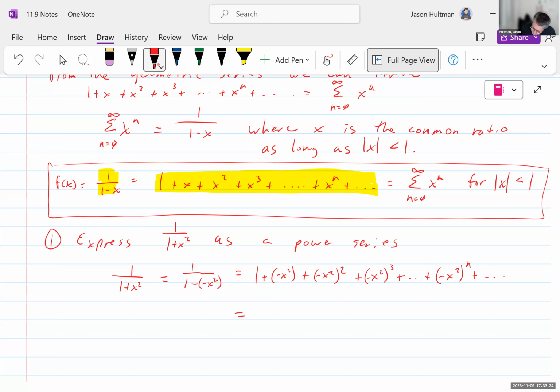And so what happens is we get an alternating series, and it goes by even powers.